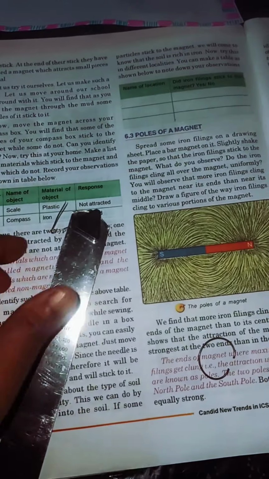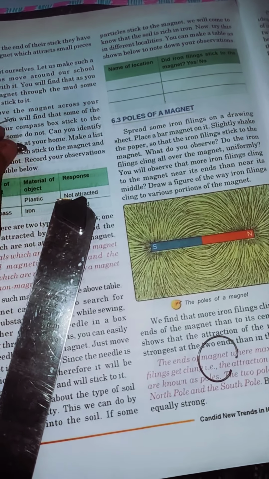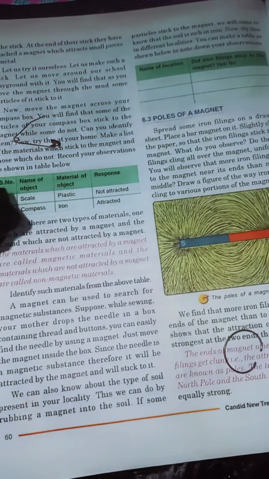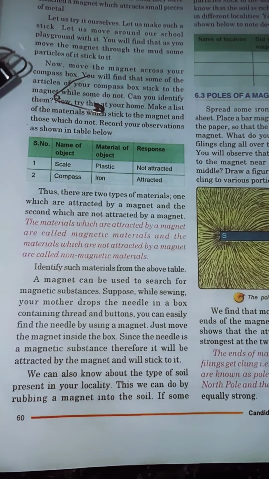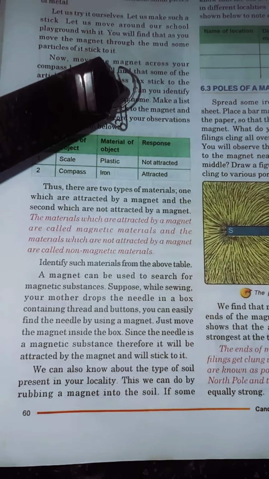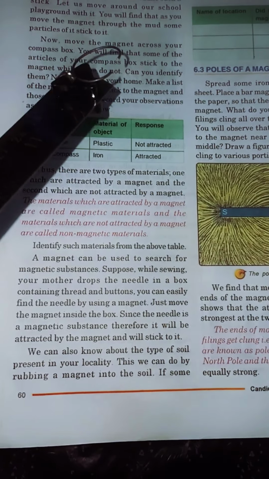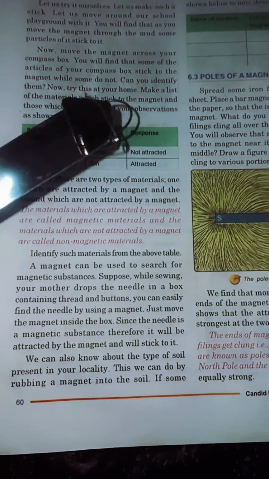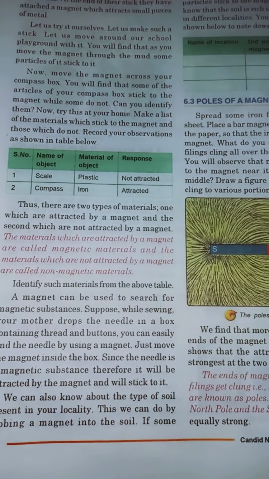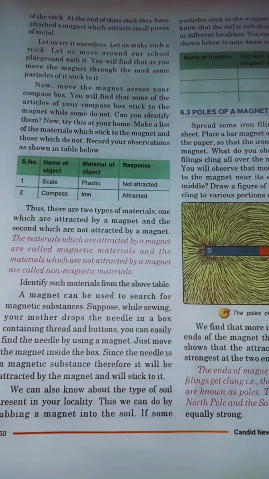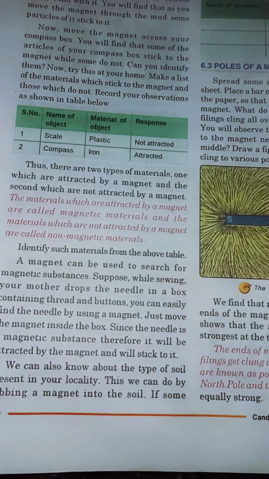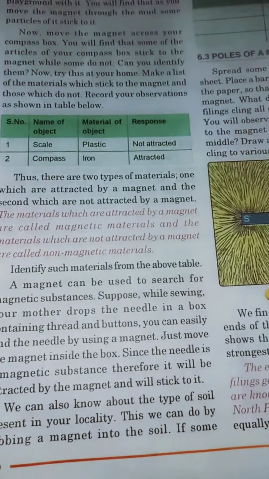Now when I move this scale towards each direction, what will happen? It will automatically get attracted towards it. See, now I don't have any risk that these things might hurt someone because I have located them, and I will keep them somewhere else in a safe place. So this is how we can easily do such activities at home.